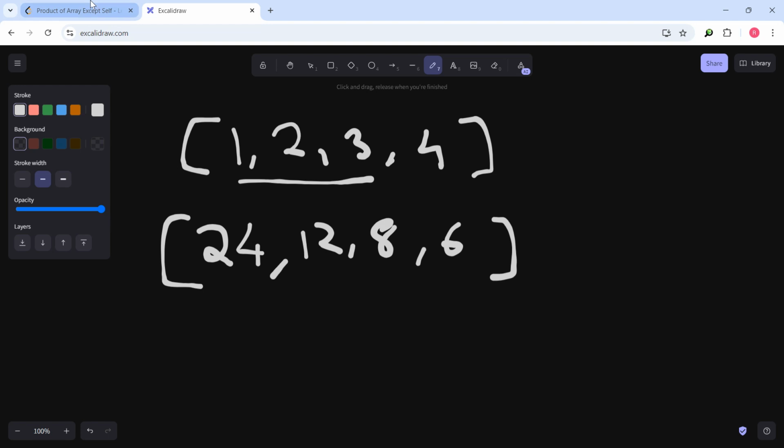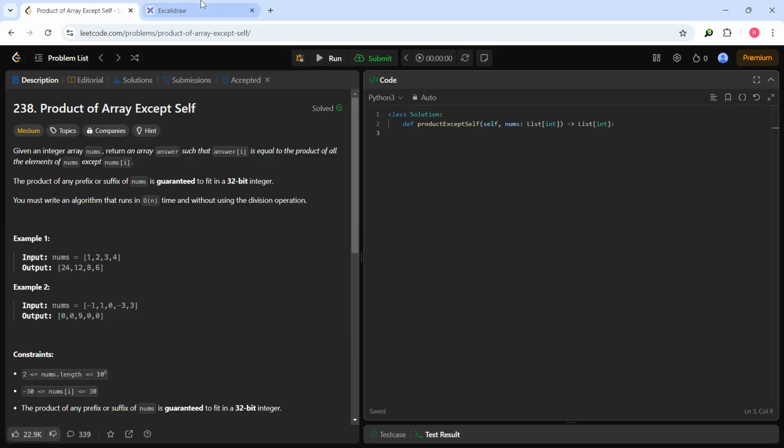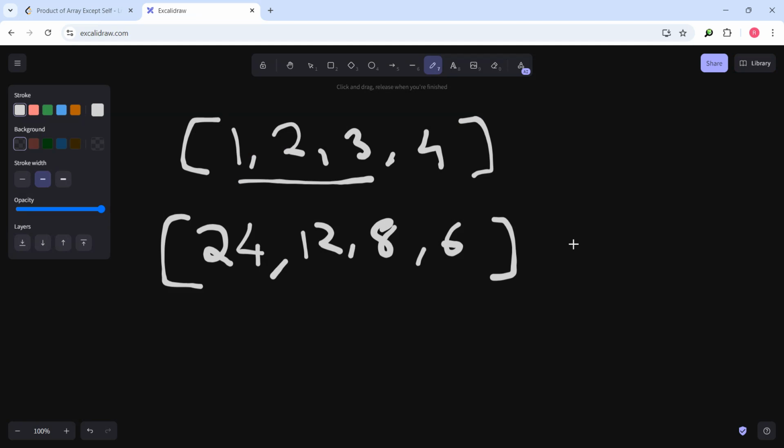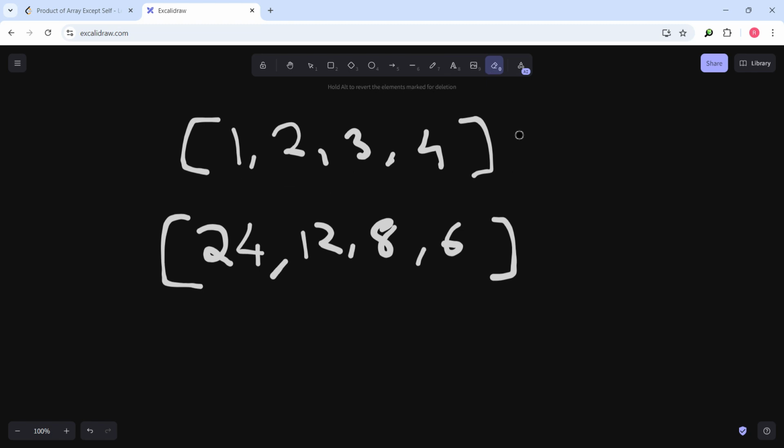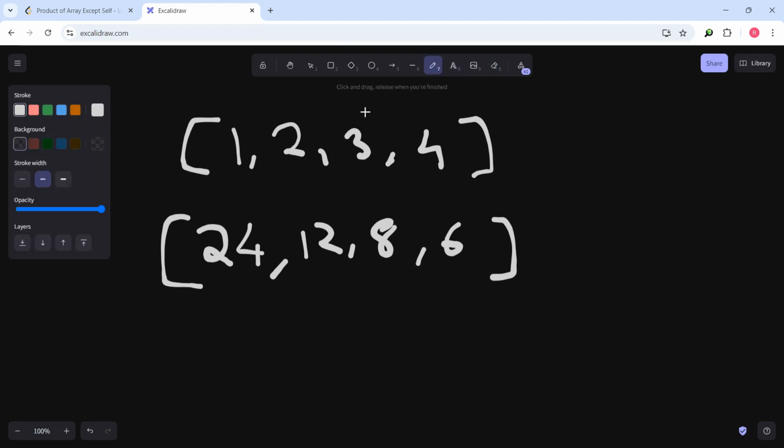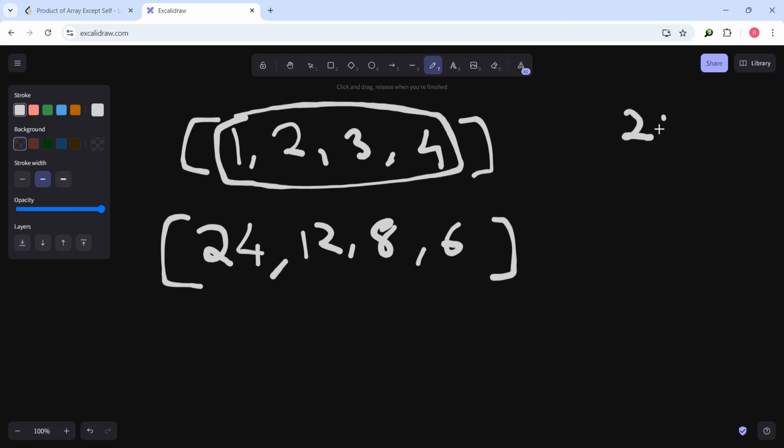So let's try to understand why they told us that we mustn't use the division operator. Using the division operator is actually an easy method to solve the question that everyone might have thought of at once. If you take the product of every number here, we will get 24. So if I am allowed to use the division operator, for the 1, I can just divide 24 by 1 and I will get this value.